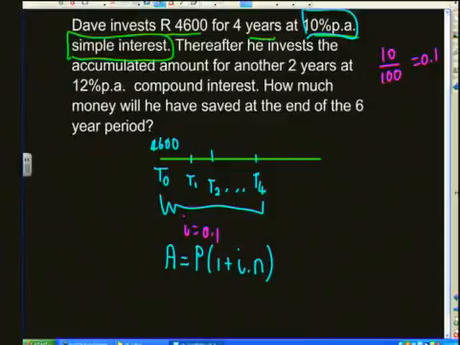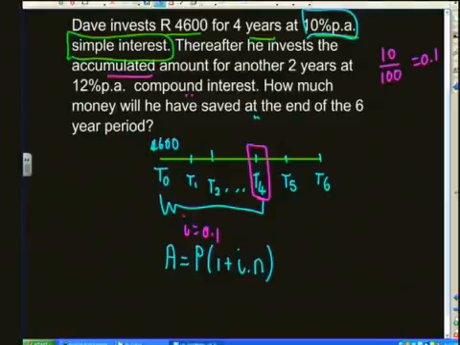Then he invests the accumulated amount. So whatever he has at this point in time, he takes that and invests it for another 2 years at 12% per annum, but now it's compound interest. So we're going to carry on our timeline. We've got year 5 and then year 6.